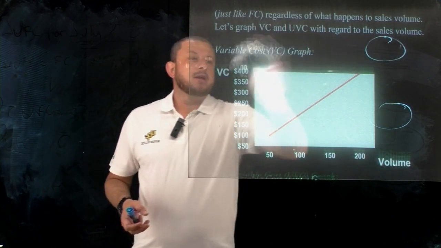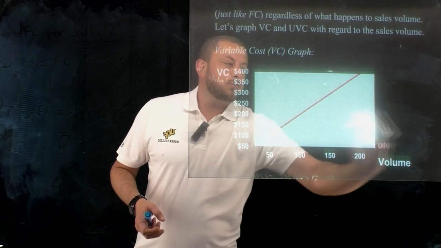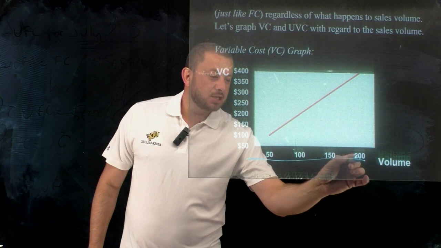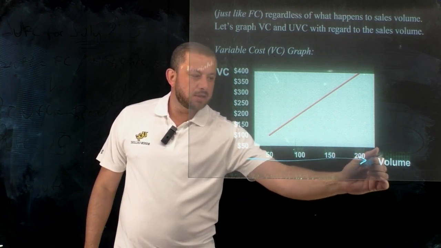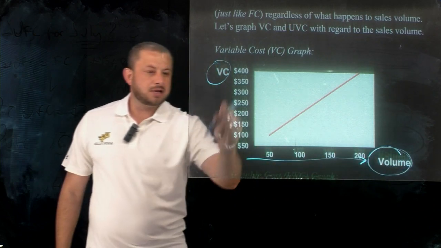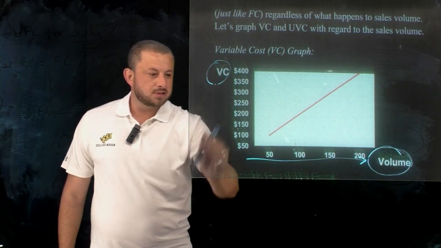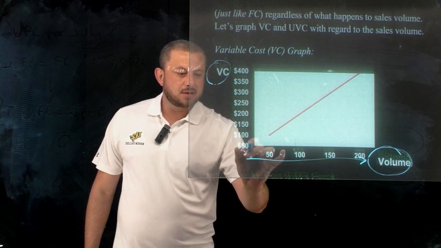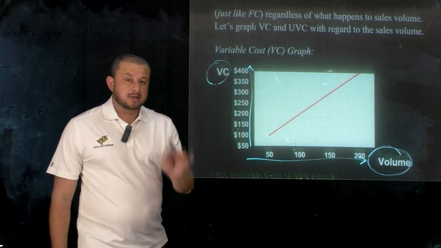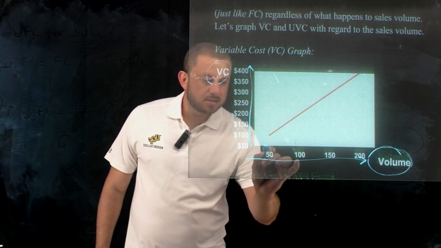I would like to show you guys the variable cost graph right here. Sales volume is increasing from this point to this point. This is the volume right here. This is my variable cost on my two-dimensional graph, vertical side and horizontal side. As you can tell, from $50 to $400, my variable cost is increasing. Take a look at the red line over here, guys.